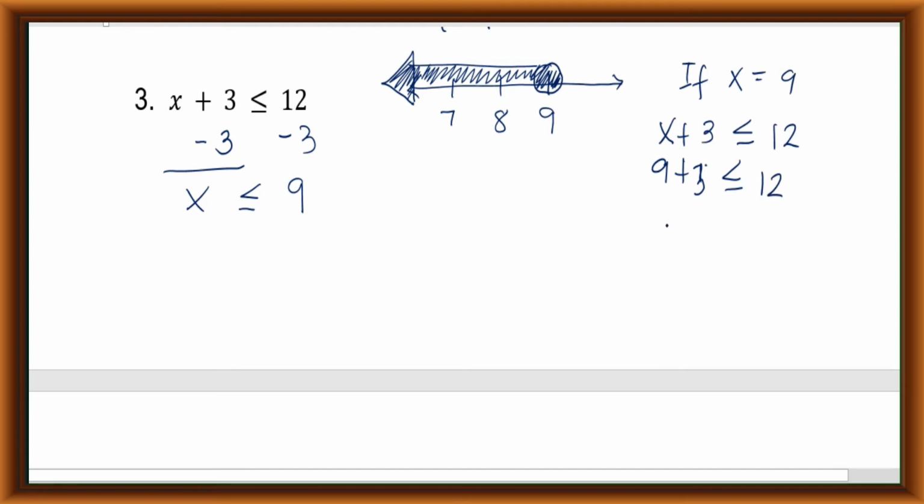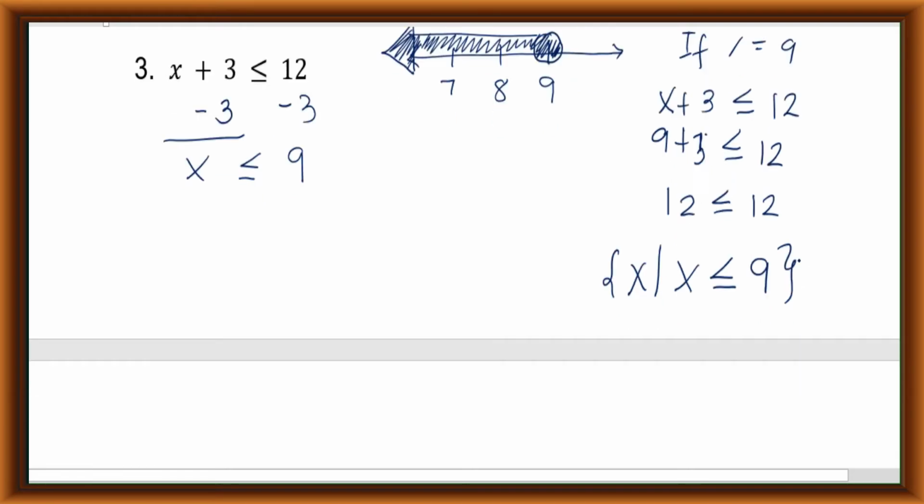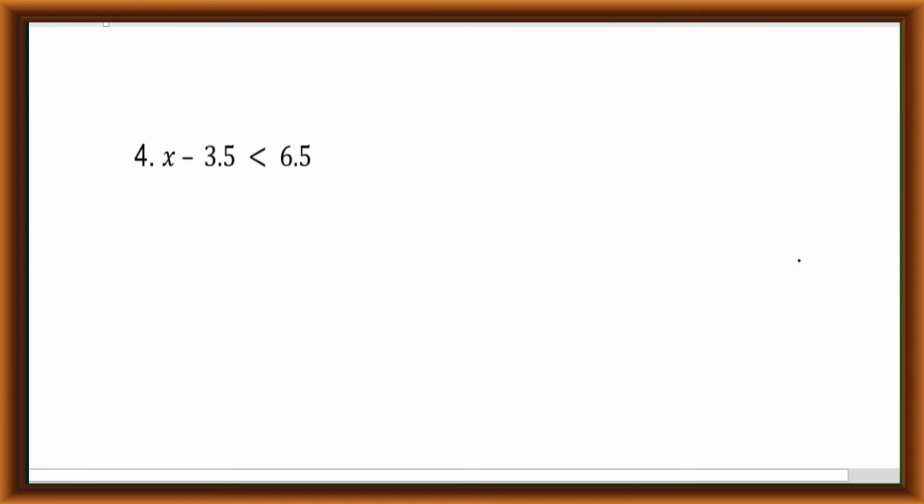So we can say that 12 is less than or equal to 12. By the way, in interval notation, we can write this as x such that x is less than or equal to 9. So that is for number 3. Let's move on to number 4.